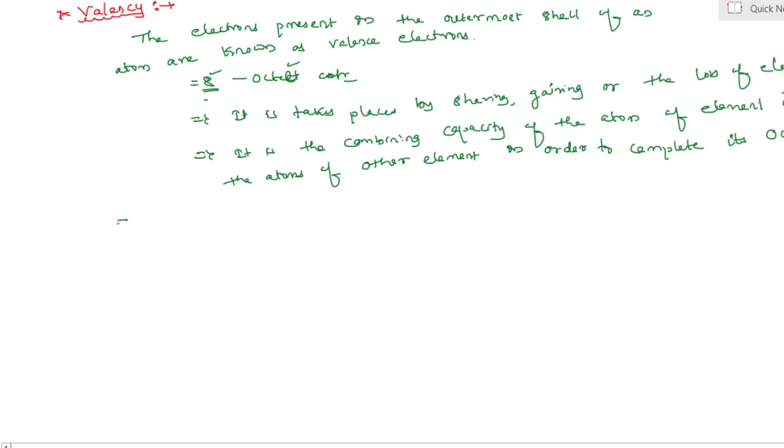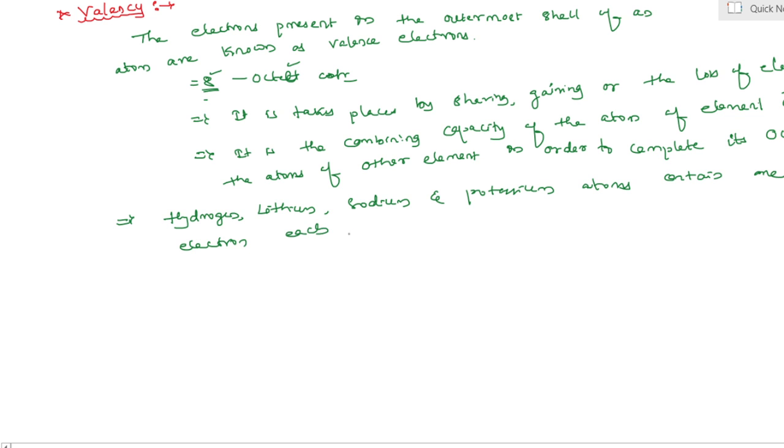First, hydrogen, lithium, sodium, and potassium atoms contain one electron each in their outermost cell.